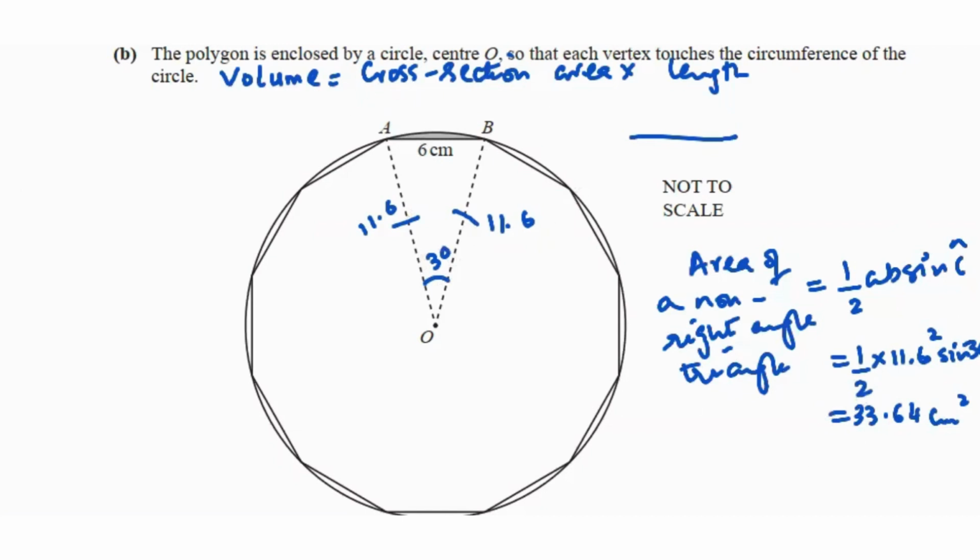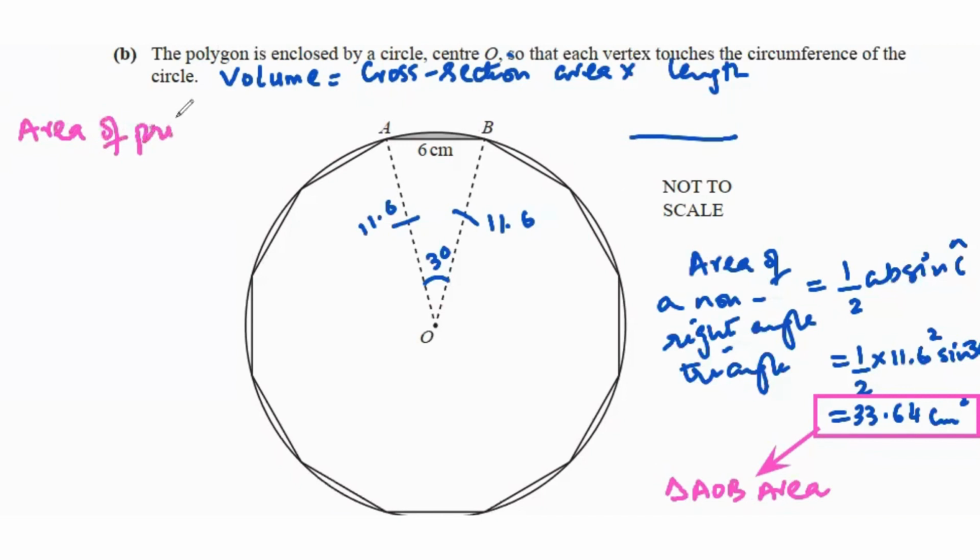So if I highlight this over here, this is your triangle AOB area. Okay, so to find the area of the entire prism, the area of the prism will be 12 times this area, because we have 12 triangles altogether making this prism.